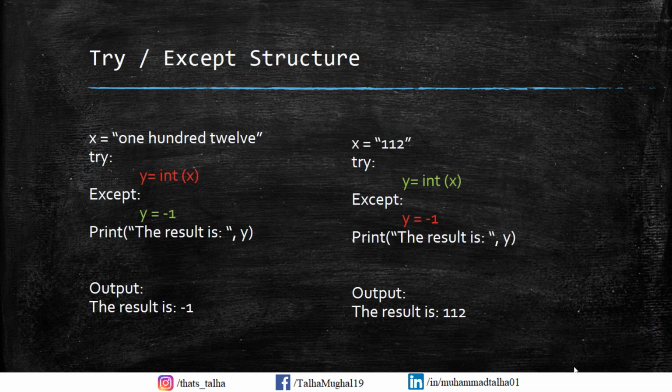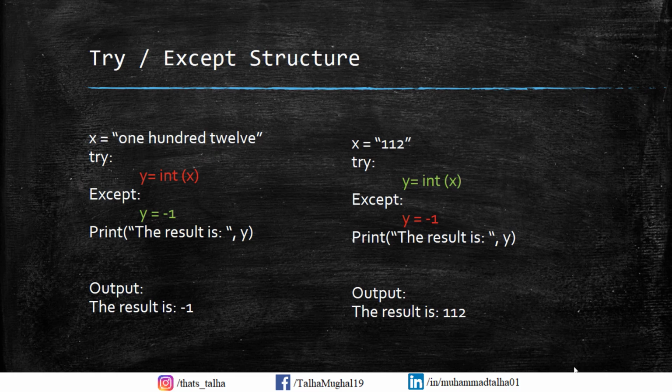For example, the input that the user entered was 112 as a string. Now we will write a program using try and except. First, we write try, which is y is equal to int(x). In this line, we try to convert our input into an integer.